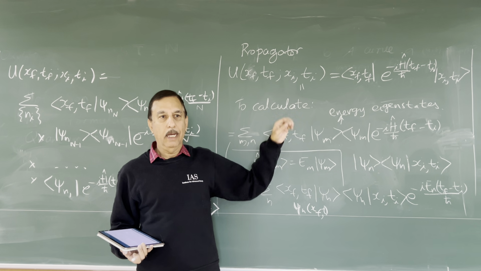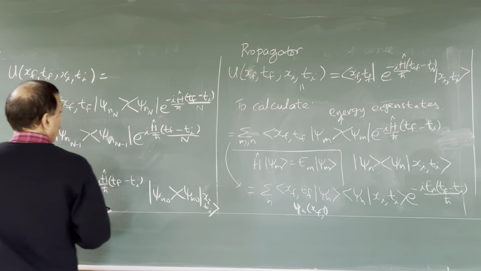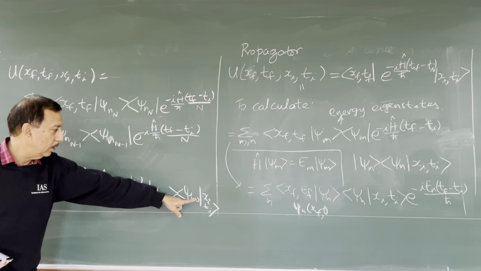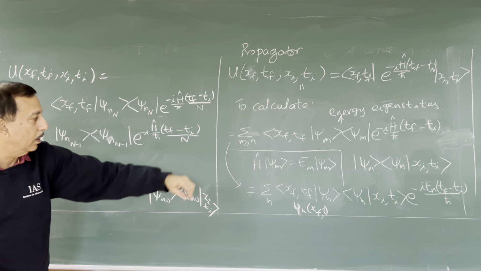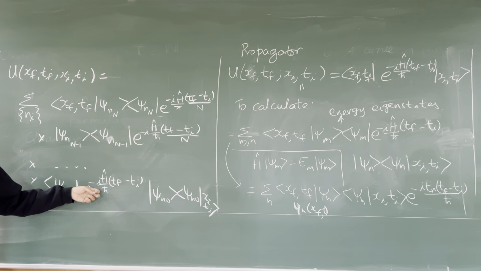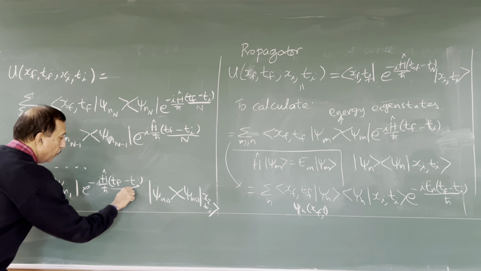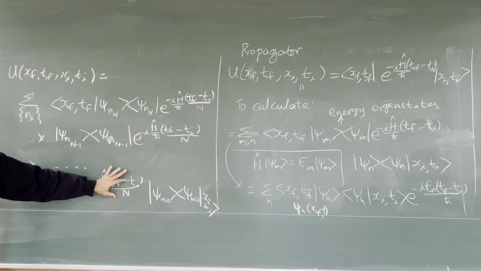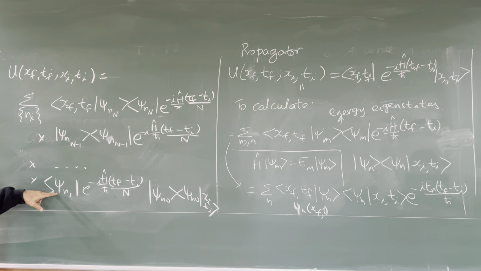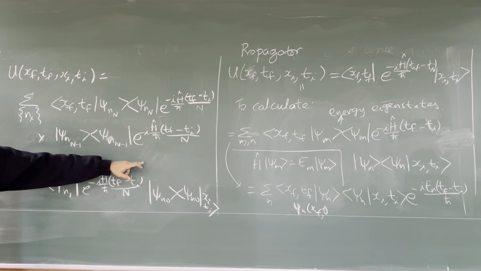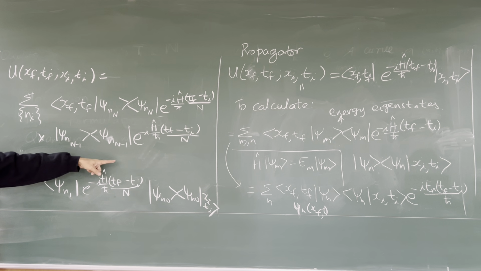I hope you can imagine that. And then what I did was, I took this first one, which is already in that formula. Then instead of evolving this for the full time, I evolved it for 1/N of the time interval. Then I inserted a complete set, psi n1, and here there'll be a psi n1.